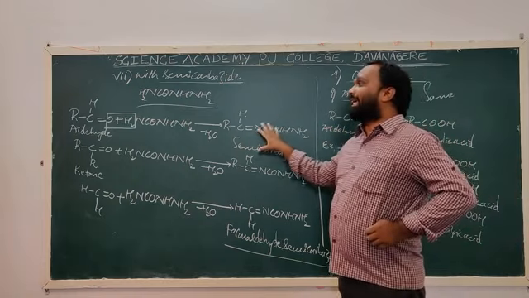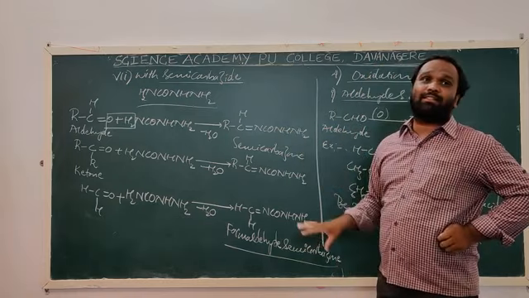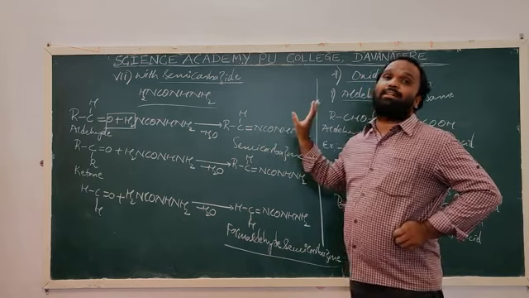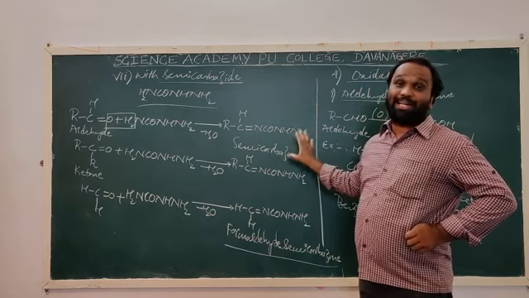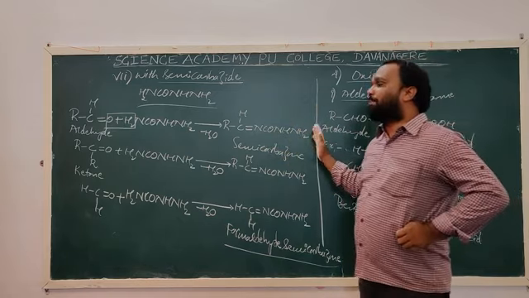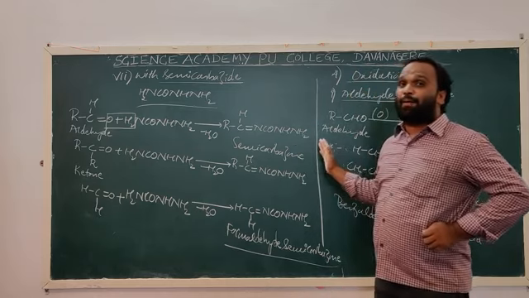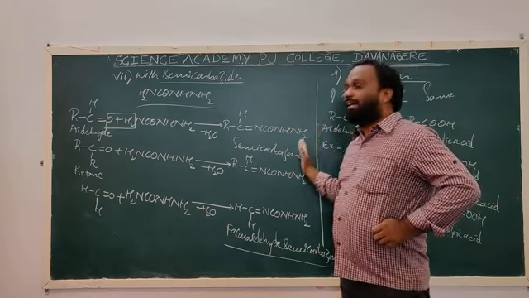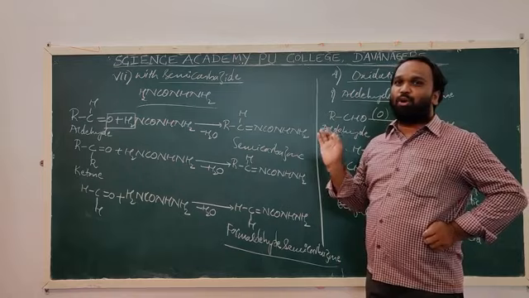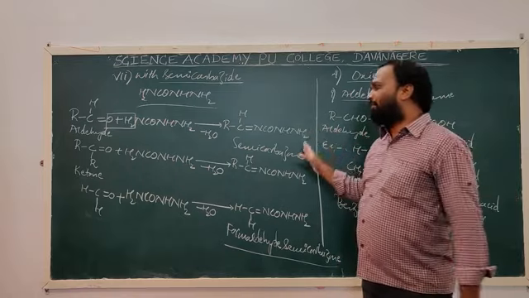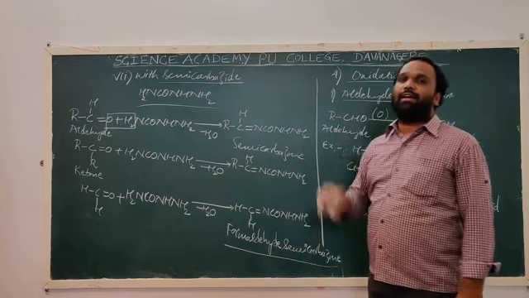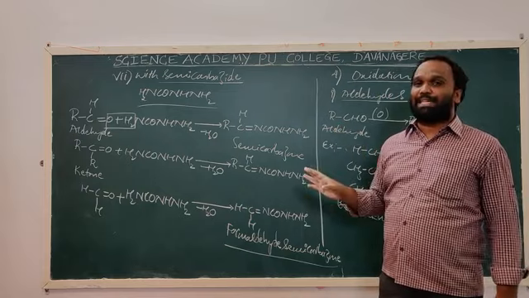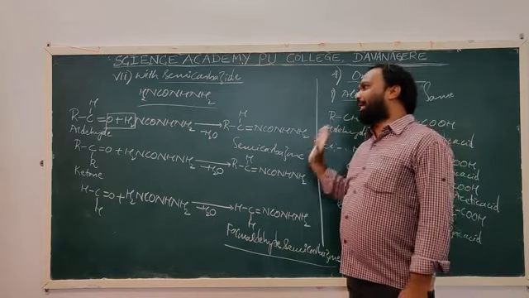Once you know the formula of the reagent, you can easily write the reactions or the equations. So regular practice is required for learning organic chemistry. That is most important. Practice regularly, at least 15 to 20 minutes of organic chemistry.